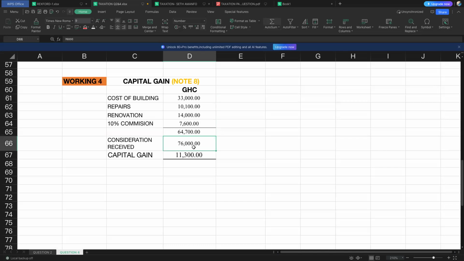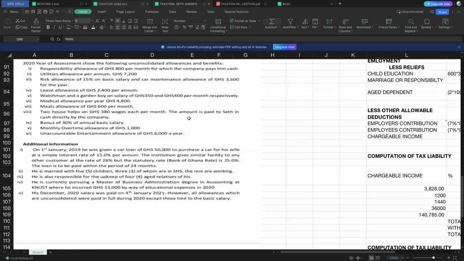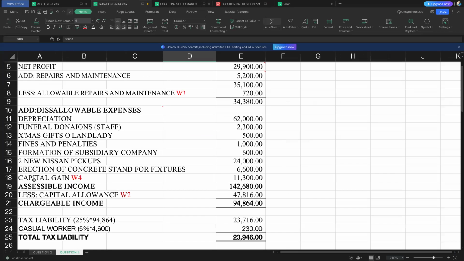Are you having a gain or a loss? Obviously a gain, because you sold it for more than the cost you incurred. So the gain is 11,300. That's the capital gain you are seeing here.